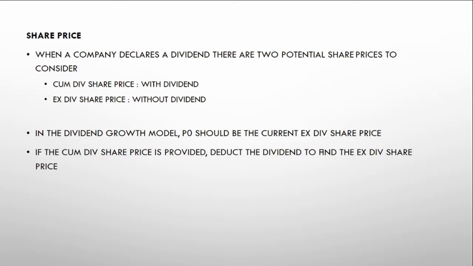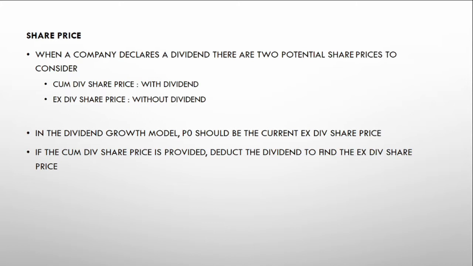So ex-dividend share price, this means without dividend. So if we have a share that is trading ex-dividend and someone buys that share, it means that they will not receive the next dividend payment. They do not have the right to receive that dividend payment.